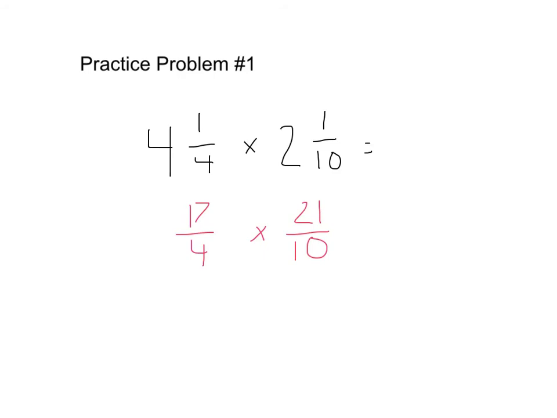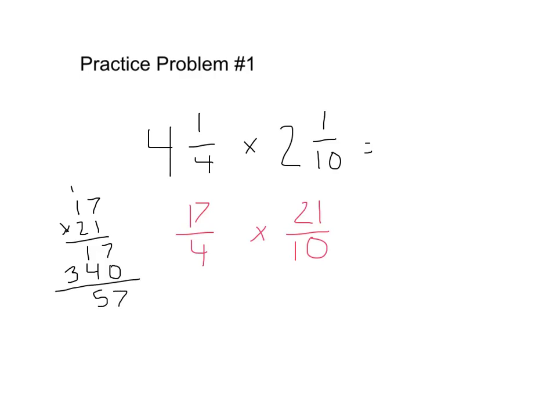Now I'm going to see if I can find any opportunities to cross cancel. And once again, I'm struggling to find any. I don't see any, so we get to go ahead and multiply. I am going to take 17 times 21 and multiply this out. 1 times 7 is 7, 1 times 1 is 1, 2 times 7 is 14, carry my 1, 2 times 1 is 2, plus 1 is 3.